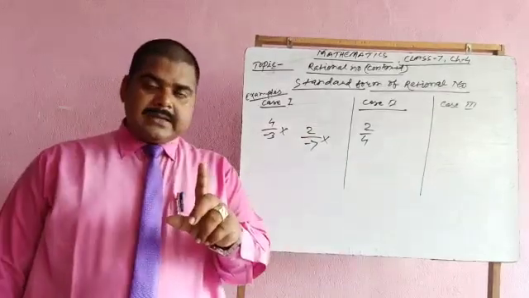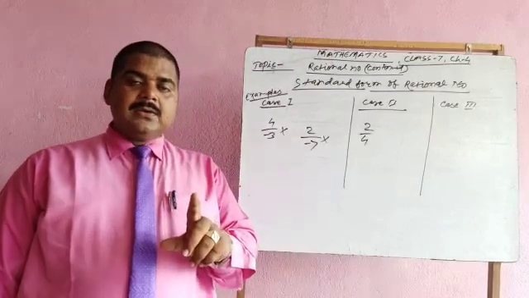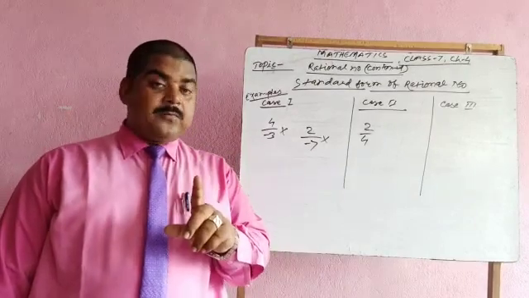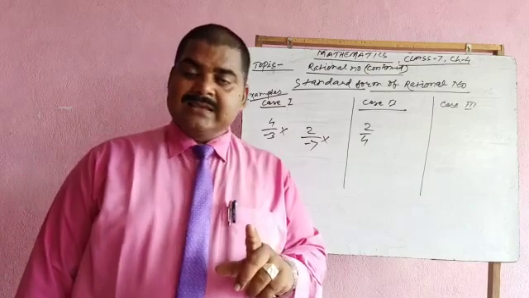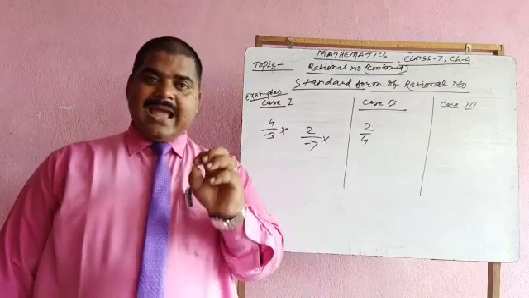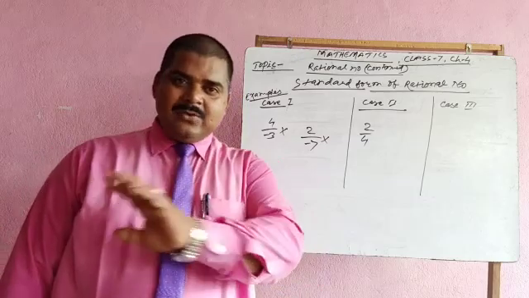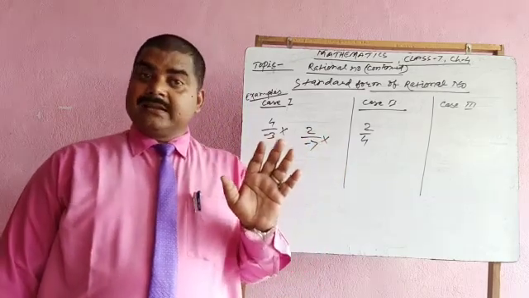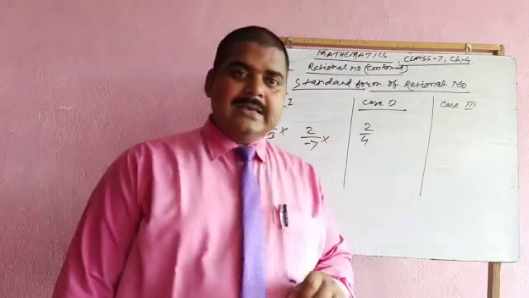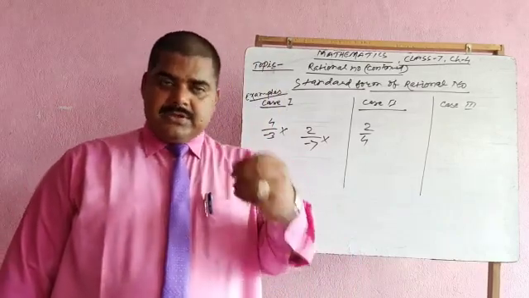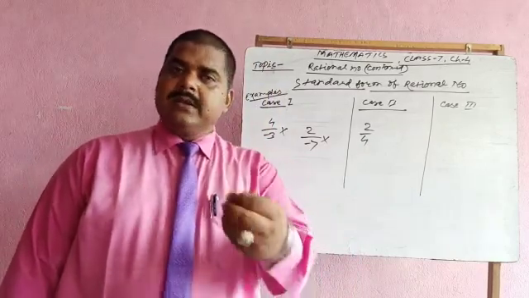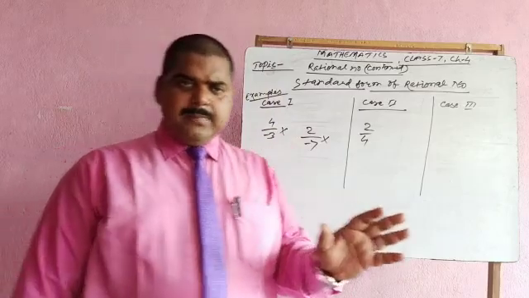So you have learned two conditions. First, the denominator cannot be negative. Second, the numerator and denominator of a rational number must be co-primes, meaning the HCF is 1. It cannot have a common factor other than 1. And the third case is that the numerator may be 0, positive or negative. Any integer is possible.